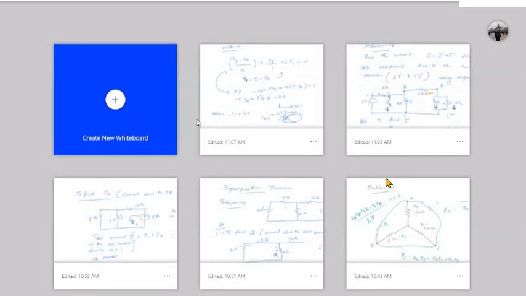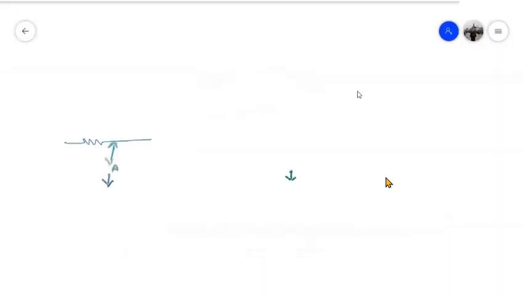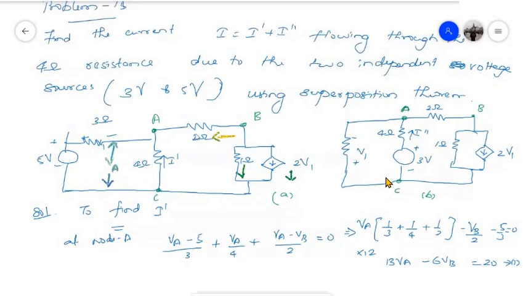Now in this circuit, see, the direction of the current I dash is given in this way. But if you rightly remember the way in which you had analyzed the circuit, you had actually taken the current in the opposite direction.